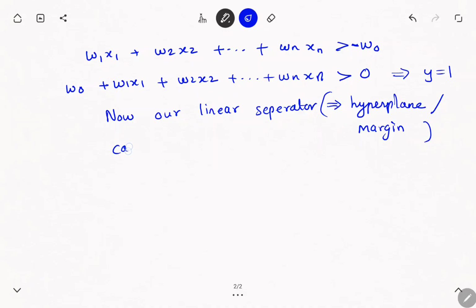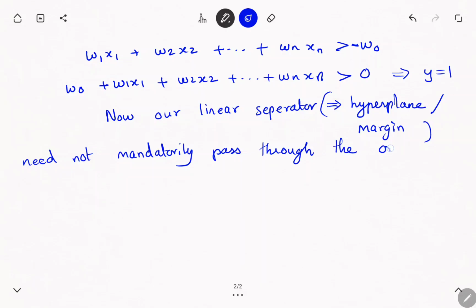It can pass, or you can say it need not mandatorily pass through the origin. Okay, we can adjust the bias term so that our model can be more flexible.